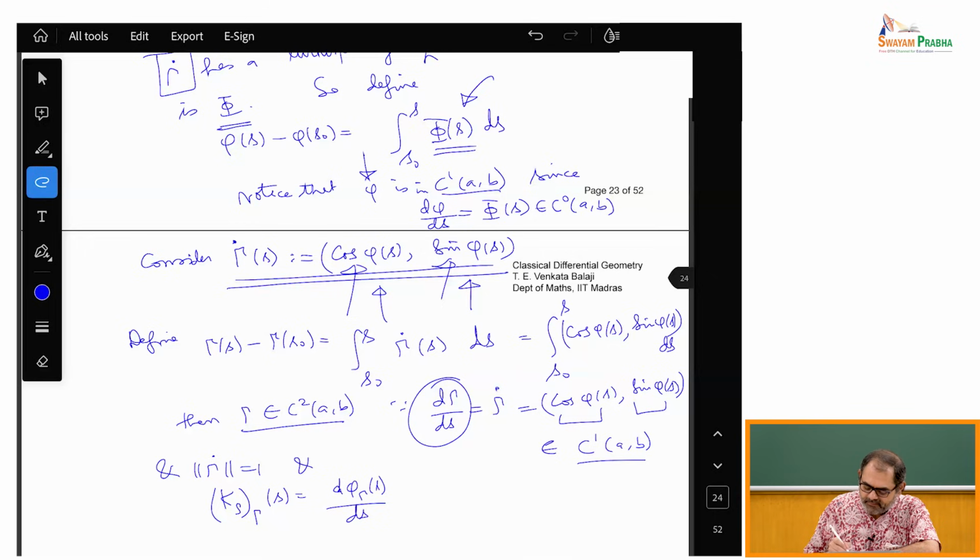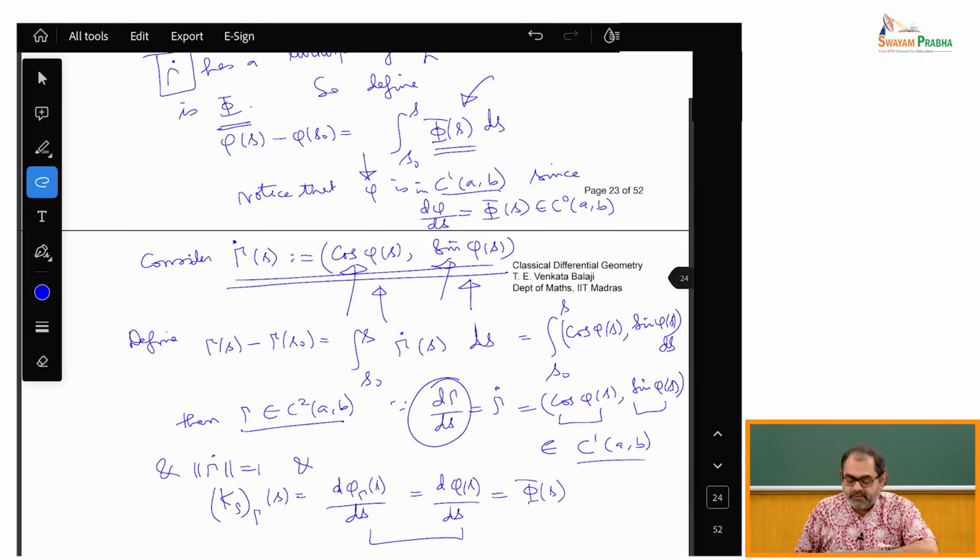I should say something here: d phi sub gamma of s by ds is the same as d phi of s by ds, and this is equal to capital phi. Why are these two the same?